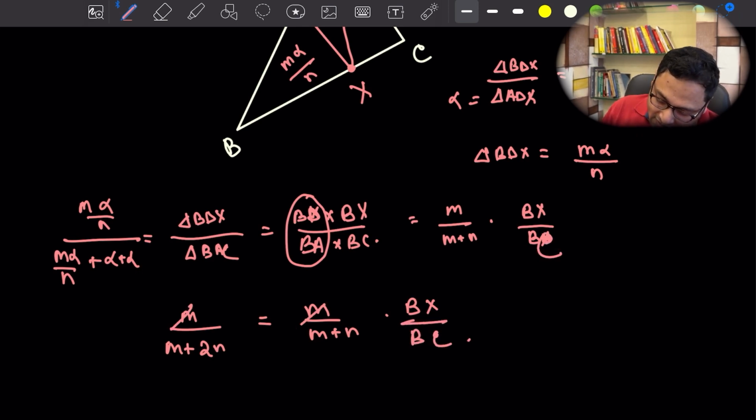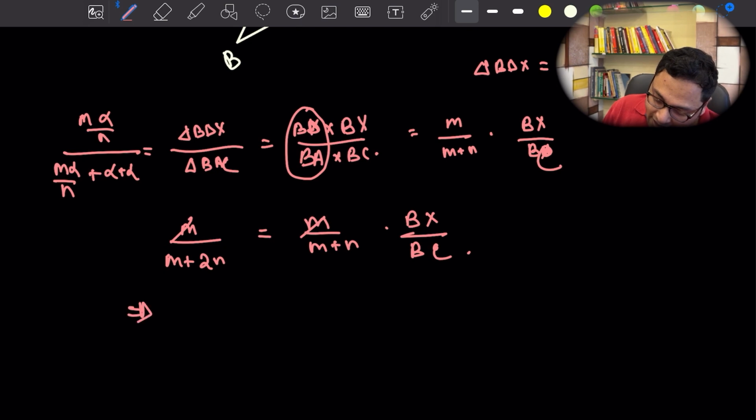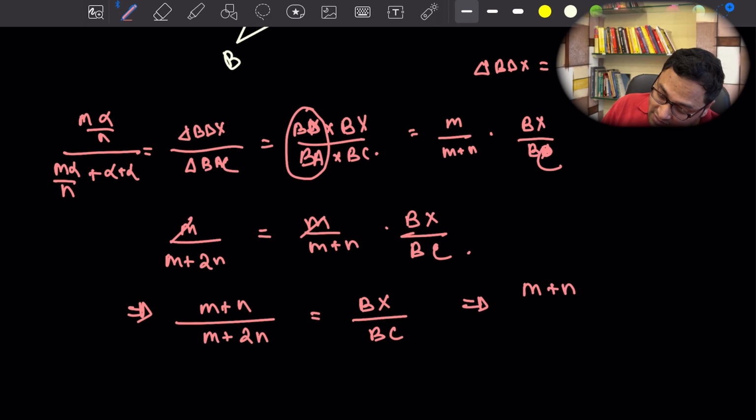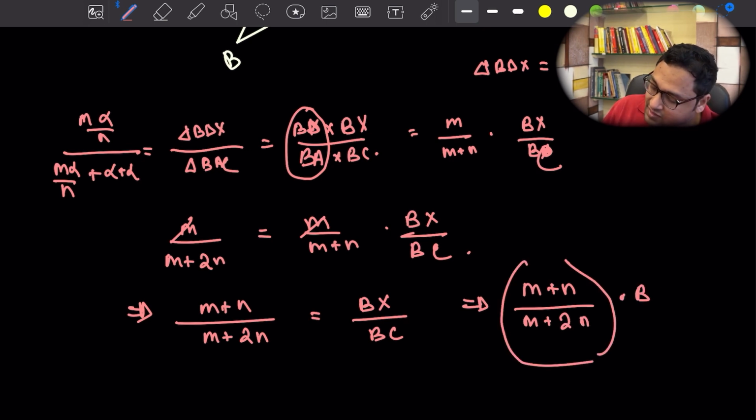So m cancels. We have m plus n divided by m plus 2n is equal to BX by BC, or m plus n divided by m plus 2n times BC is BX.